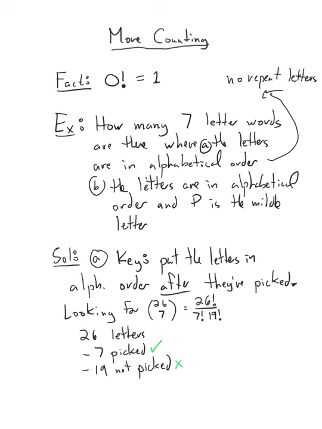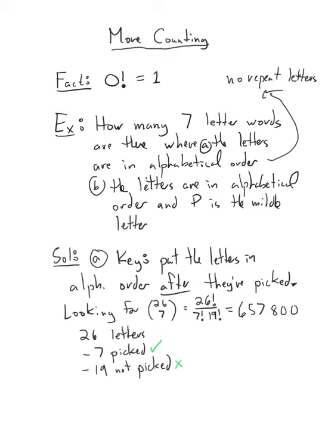Any arrangement of those 7 check marks and 19 X's will give you a new word in alphabetical order. And you could simplify this if you would like, but I'll just tell you that it is 657,800.